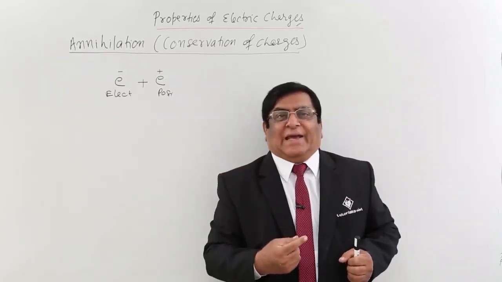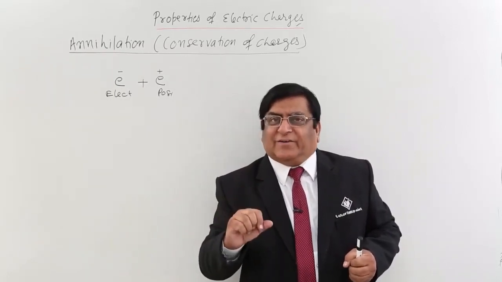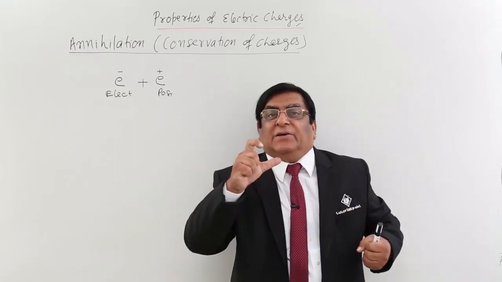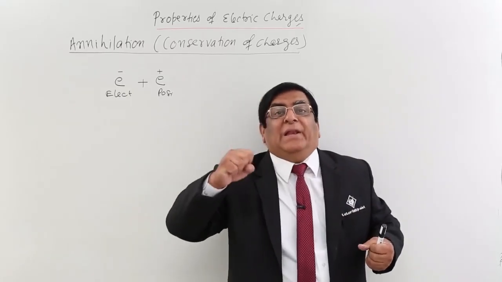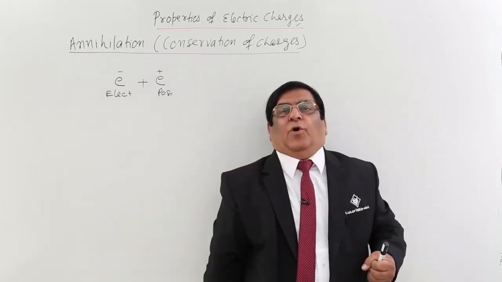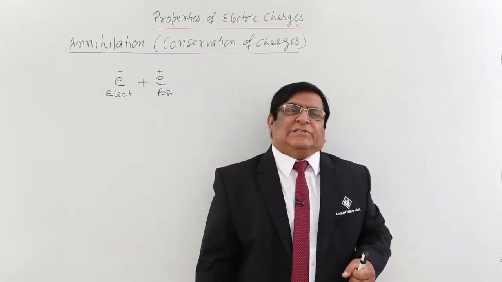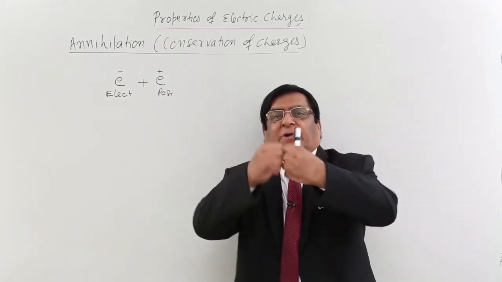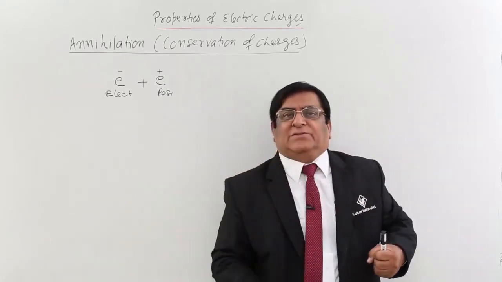Force always creates acceleration, and because of acceleration their speed goes on increasing. The force increases to millions of times when their distance is so small. So with such a large force, with such a large acceleration, they strike. And what happens with that strike?